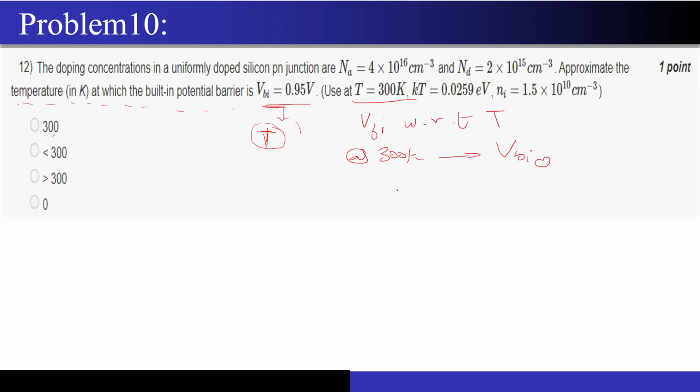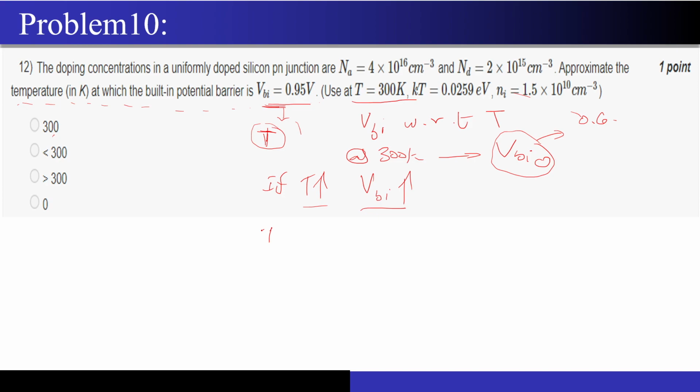Now if I find out how this VBI varies with the temperature, for example, if temperature increases, then VBI increases, then we will be very sure that if we have to calculate this VBI naught that you are seeing over here, and if this value comes out to be something like maybe 0.6 or something, then what do we know? Okay, our VBI has increased, that means our temperature must have increased.